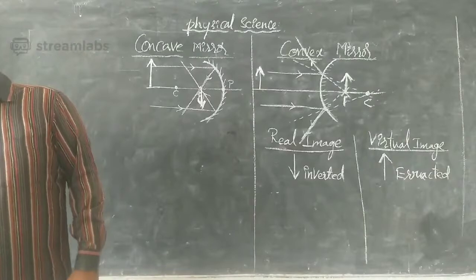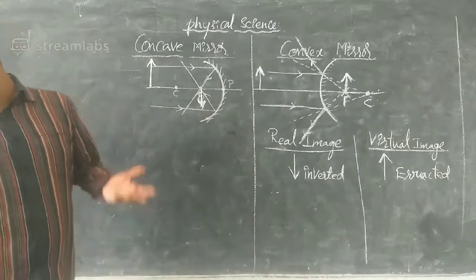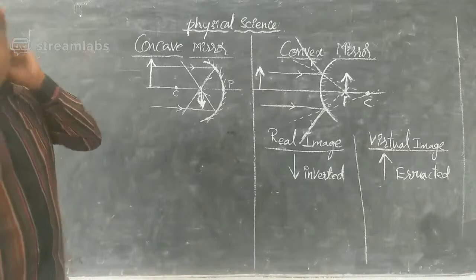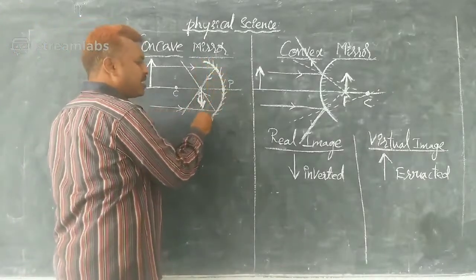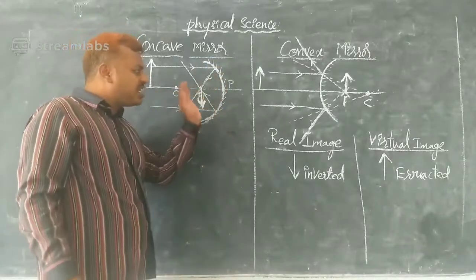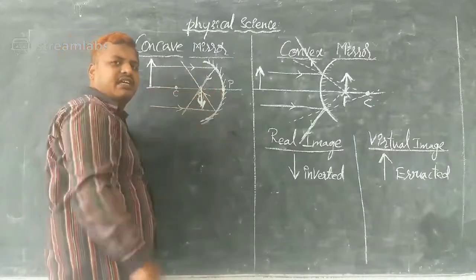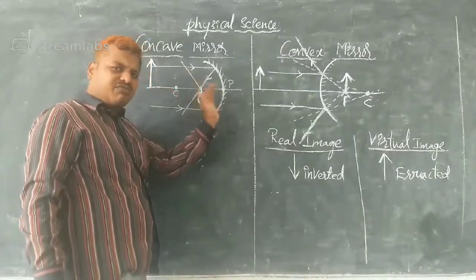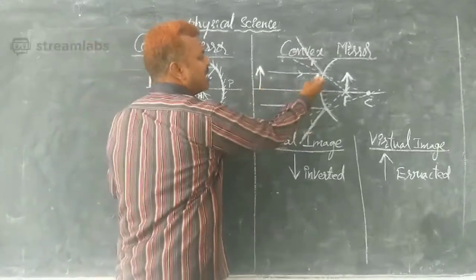Here the reflecting surface is always curved outward. In the other one, the reflecting surface is curved inward. Inward means it is shrunk inside, it is going inside. The reflecting surface is always inward in the concave mirror, and in convex mirror it is outward.